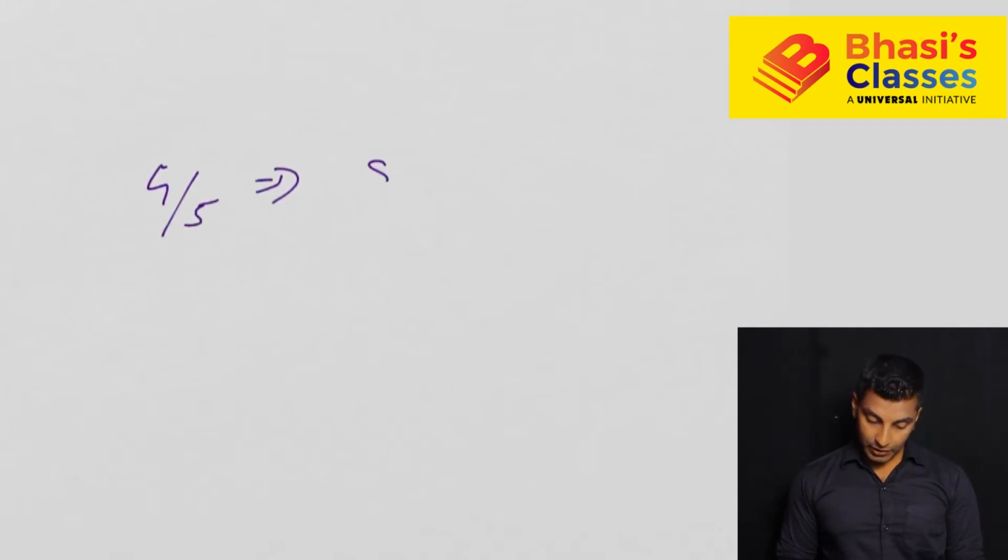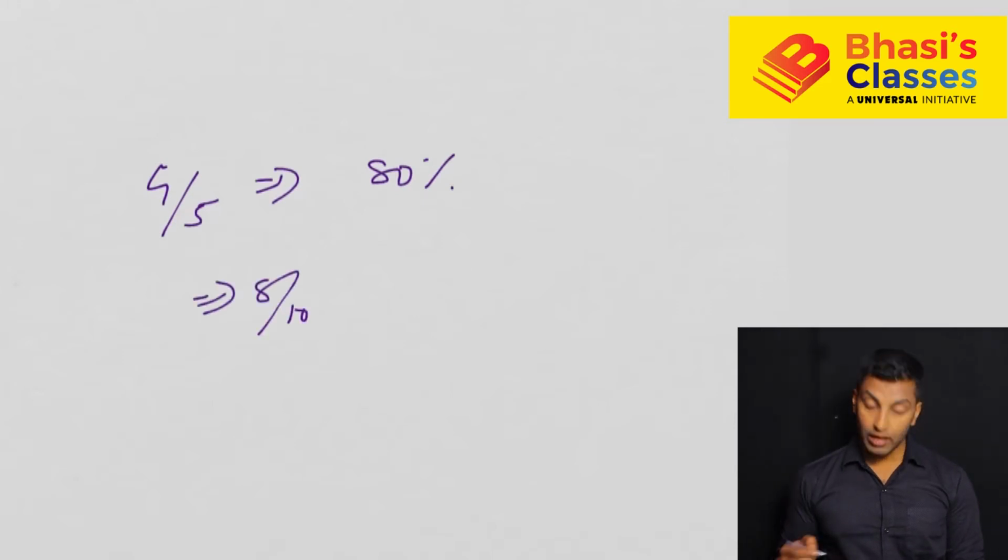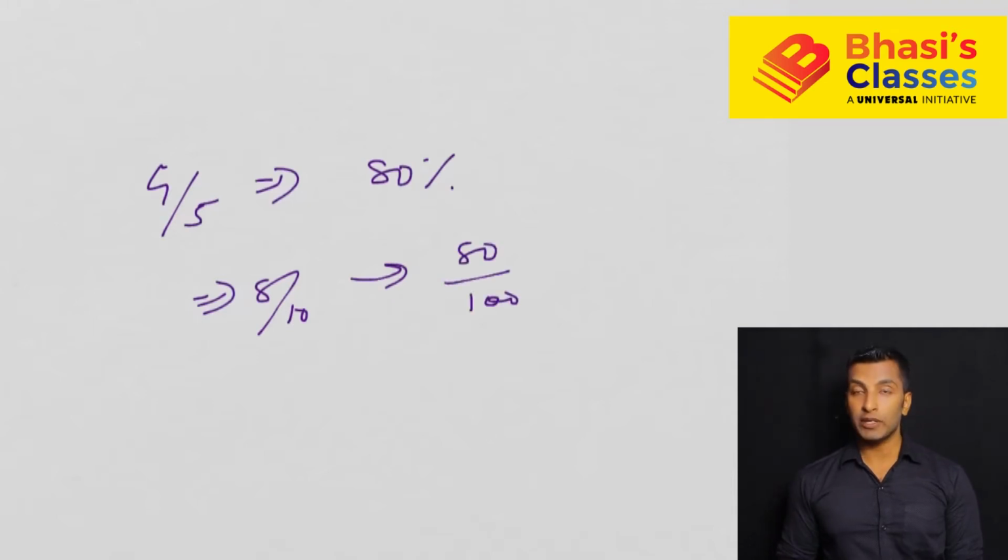Now this also can be written or understood as percentage also. So if you can write it as fraction, you can understand it as percentage. See, if you write it as like 4 by 5, this is nothing but 80%, right? So 4 by 5 means it's actually 8 by 10 if you want to. So if it is 8 by 10 means it is 80 by 100. Now what is percentage? Percentage means the denominator needs to be 100.